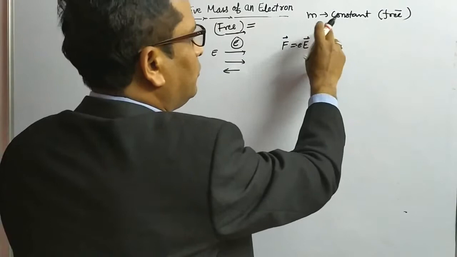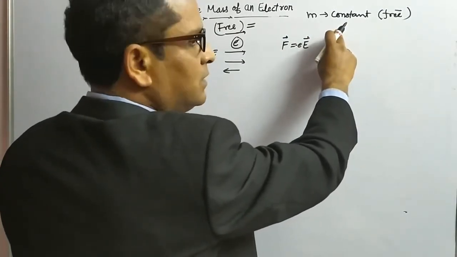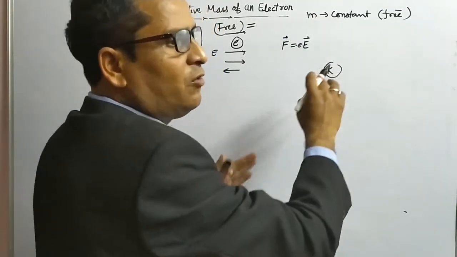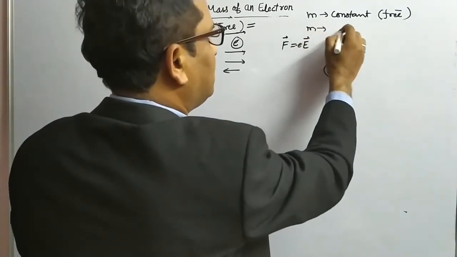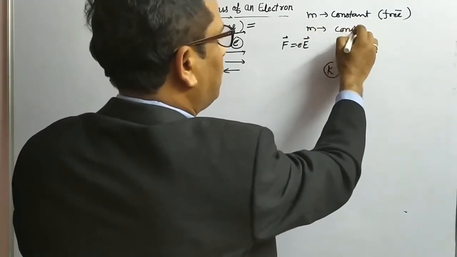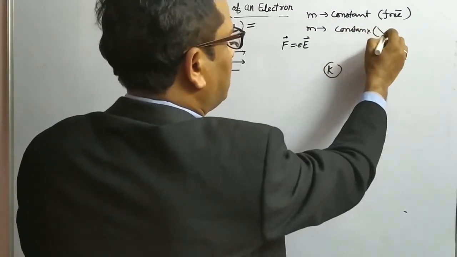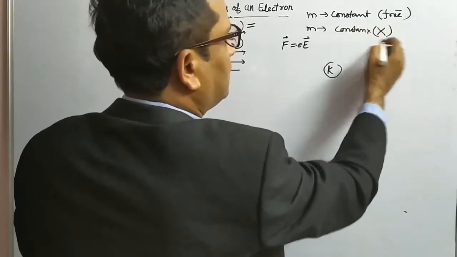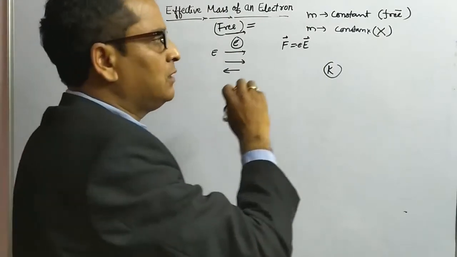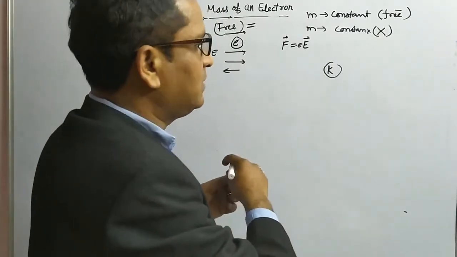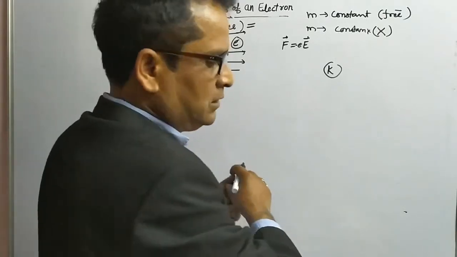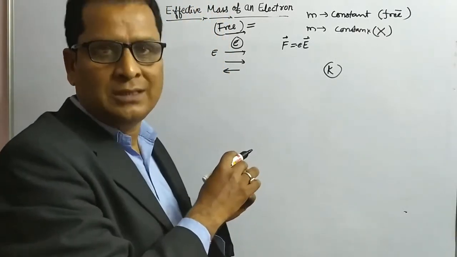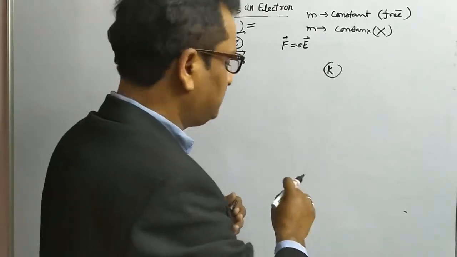But when it is placed in a varying potential of a crystal lattice, the mass is not going to be constant. This mass is not constant when it is under the effect of the potential of the crystal lattice. This is what we are going to see in this topic.